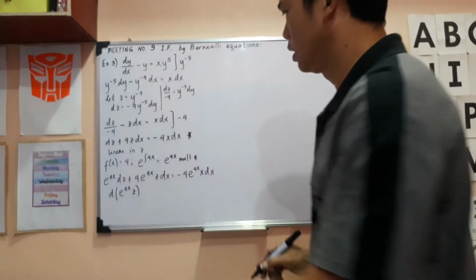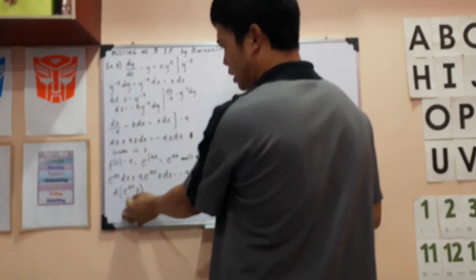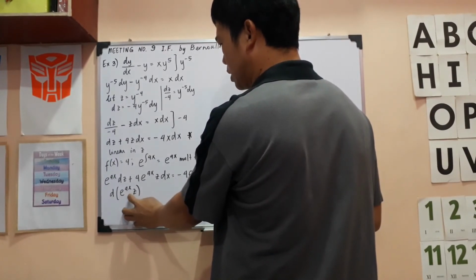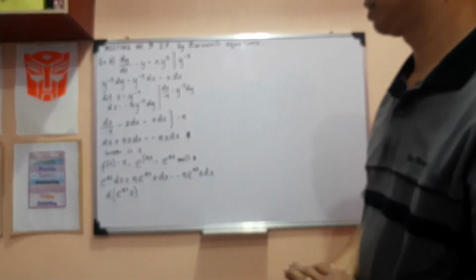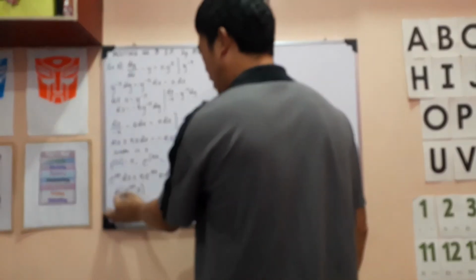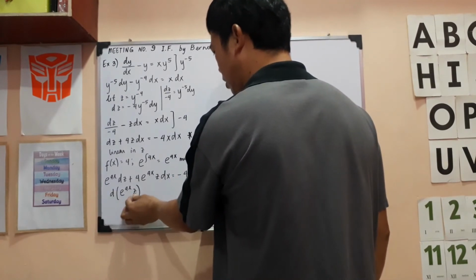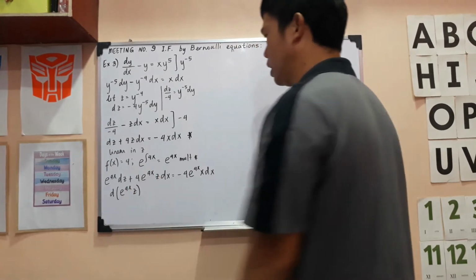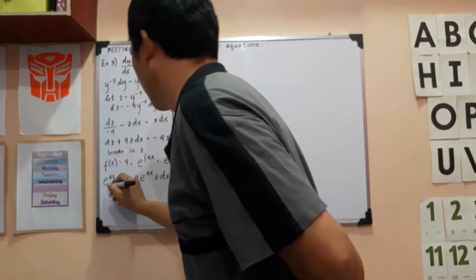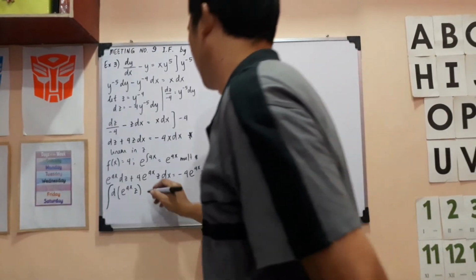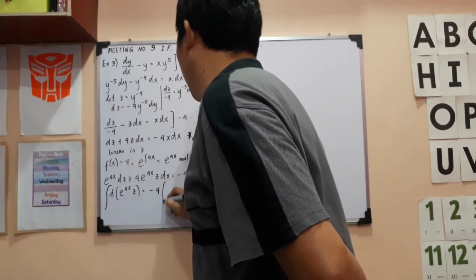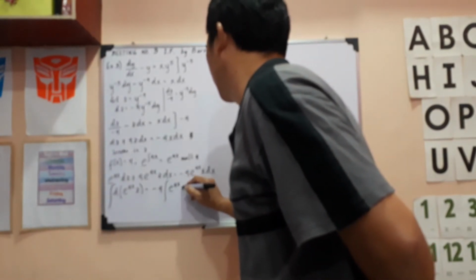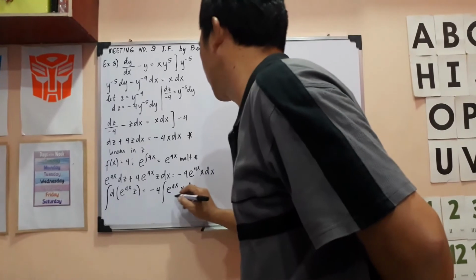Let's check: e raised to 4x dz plus 4 e raised to 4x z dx. Tama. Then pag in-integrate natin ito, equals negative 4 and then integral of e raised to 4x x dx.